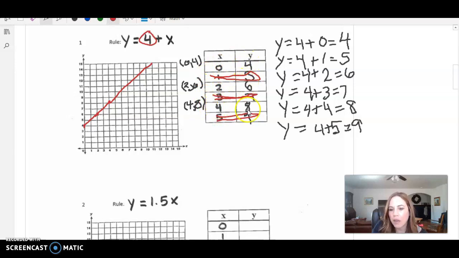Well, our y values increase by 2: 4, 6, 8. Okay? And that is because we are adding the same number every time. And so our graph is going to be increasing by 1 each time. When our x value goes up by 1, our y value goes up by 1.